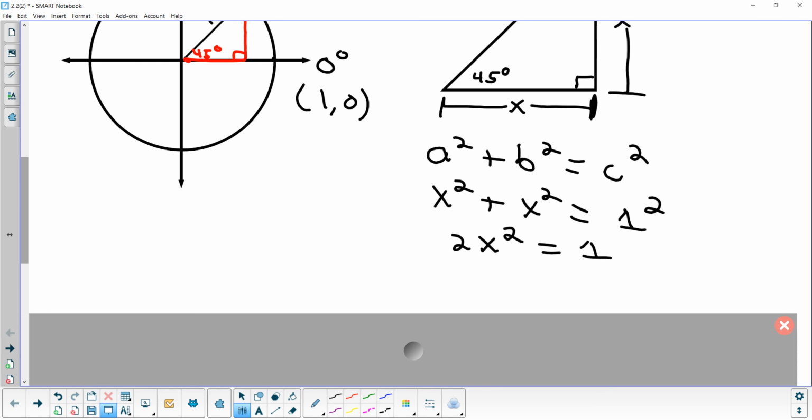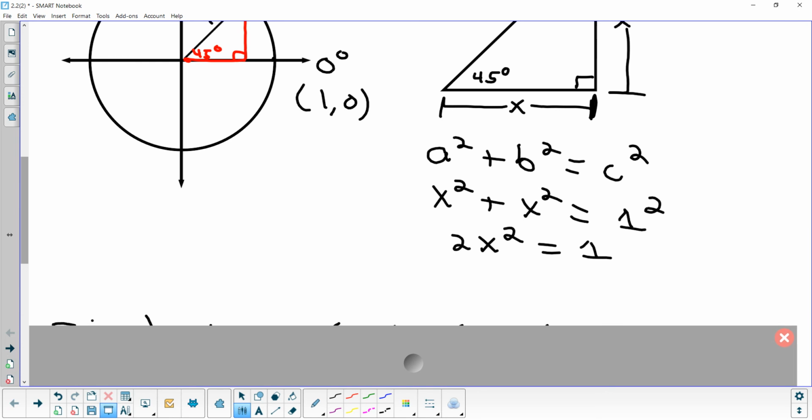You get 1. What would be my next step here to get x by itself? Divide on both sides. What would you divide by? If we divide both sides by 1, it wouldn't do anything, since dividing by 1 keeps everything the same.